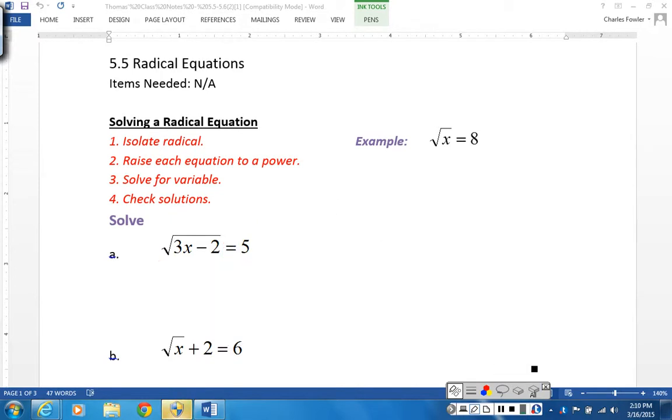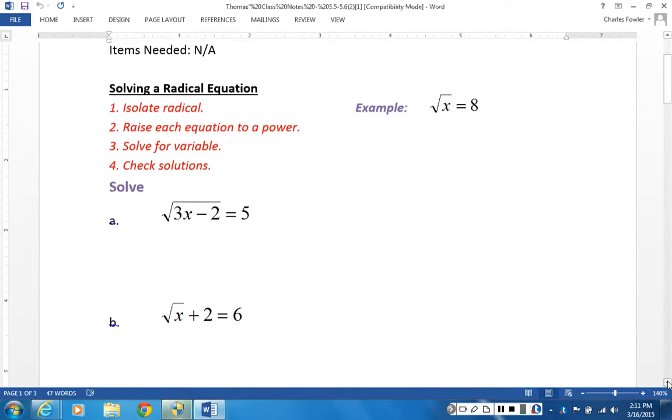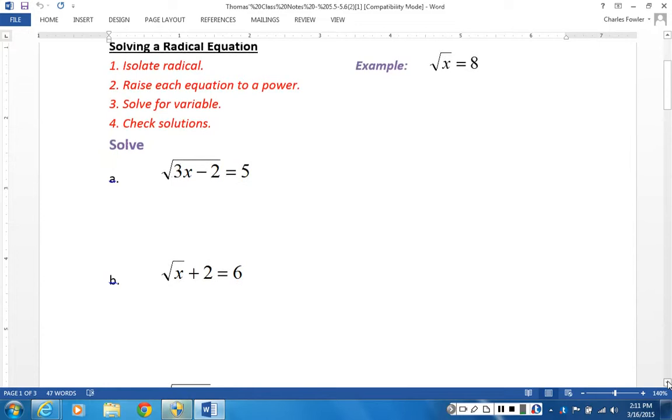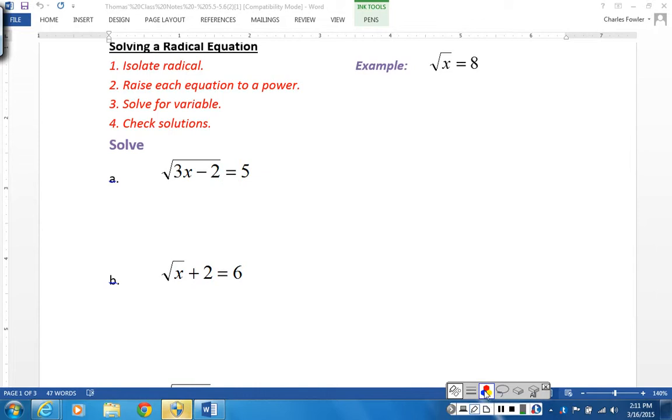Moving on to B. B is the square root of x plus 2 equals 6. Again, you should isolate your radical, because notice here we have a 2 on the side where the radical is. So the first thing you should do is isolate your radical.